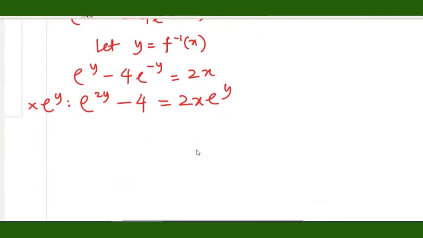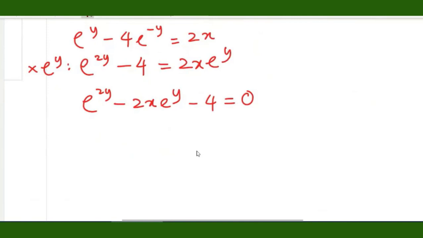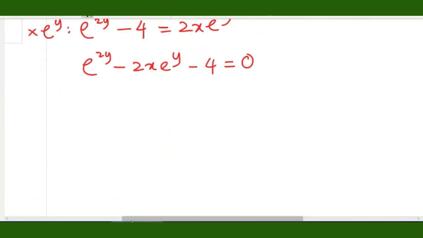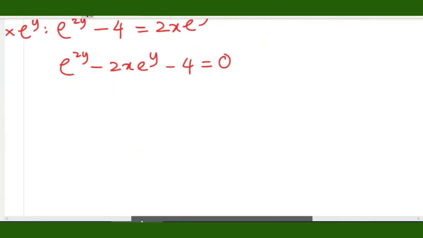Now bring everything over to the left hand side, so we end up having a quadratic of exponential, that is e^(2y) minus 2x e^y minus 4 equals 0. As for this equation here, we cannot factorize it into two linear expressions, so we shall use the quadratic formula. Still remember the quadratic formula?